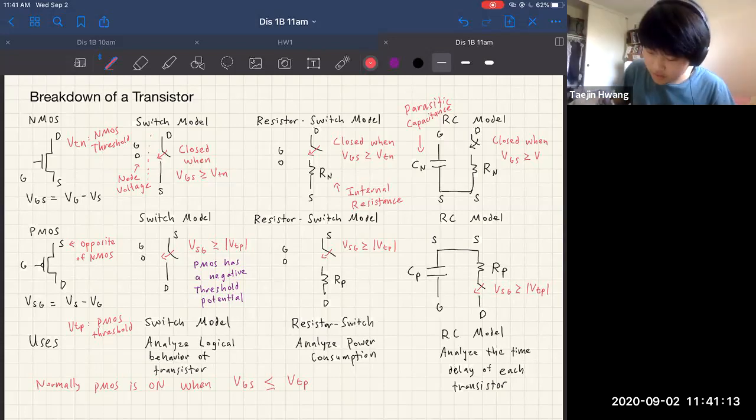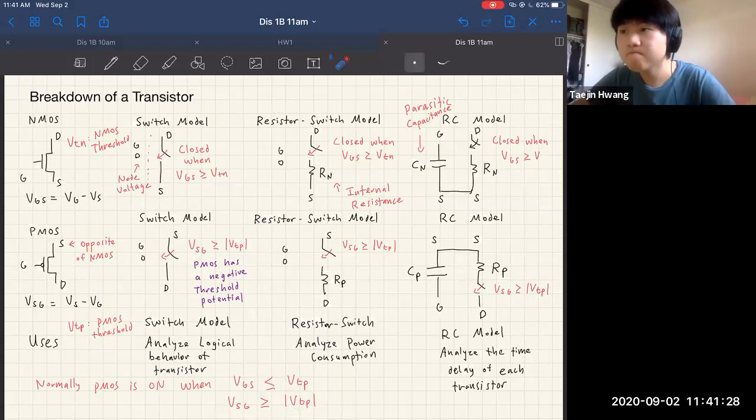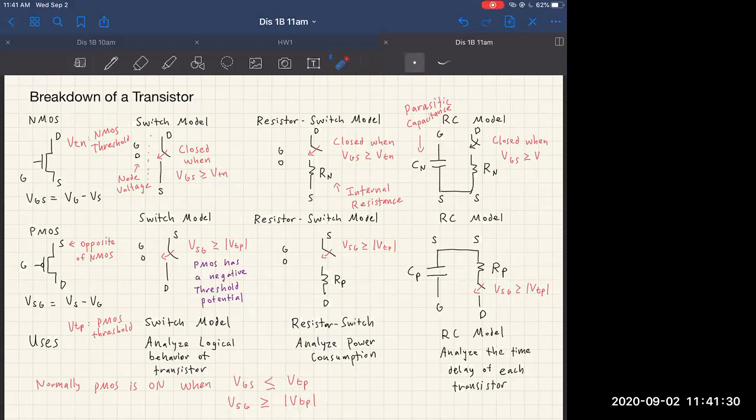So since this value is negative, we can put absolute value signs around it. And that's pretty much where this inequality comes from. Oh, okay. Thank you. Yeah, no problem.